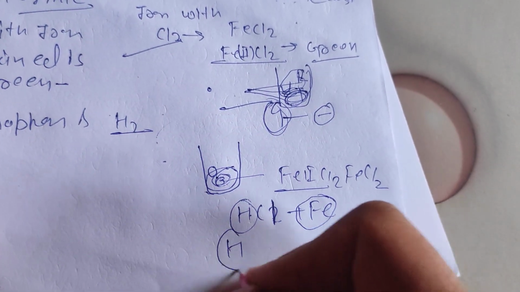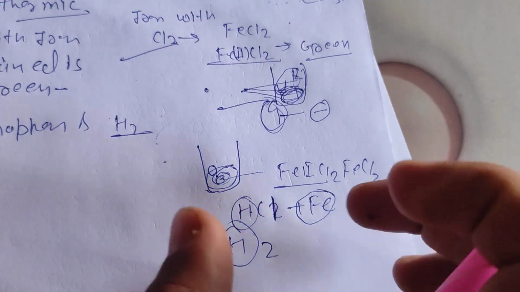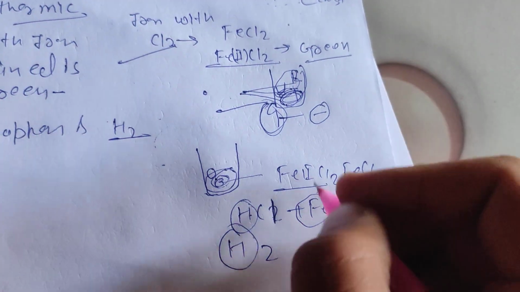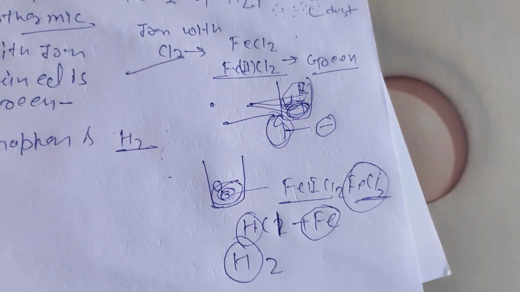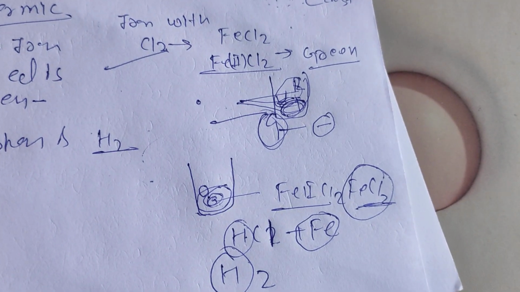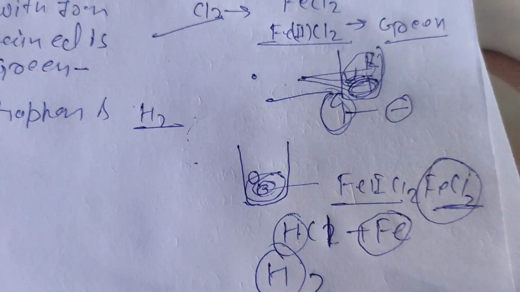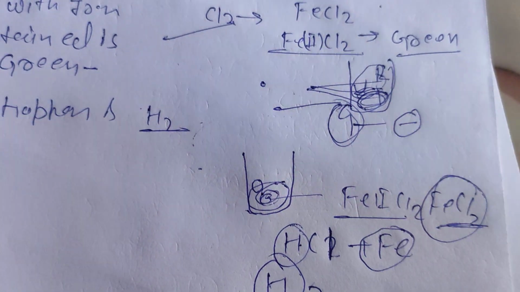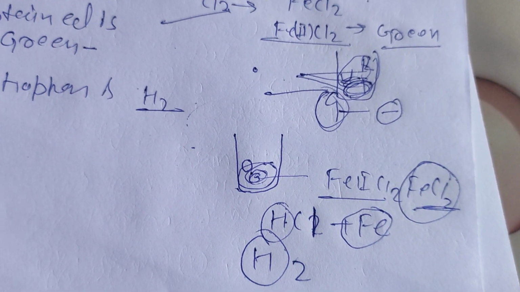So now hydrogen is lonely and lighter than this liquid metal. In FeCl2, in liquid form it becomes pale green, and also pale green in dry powder form.